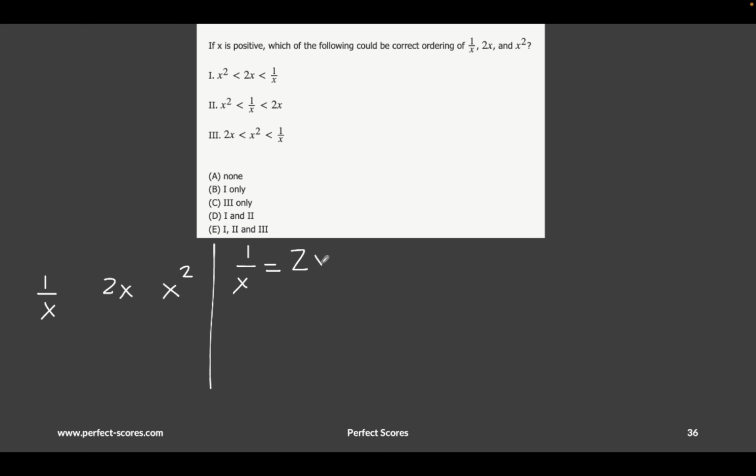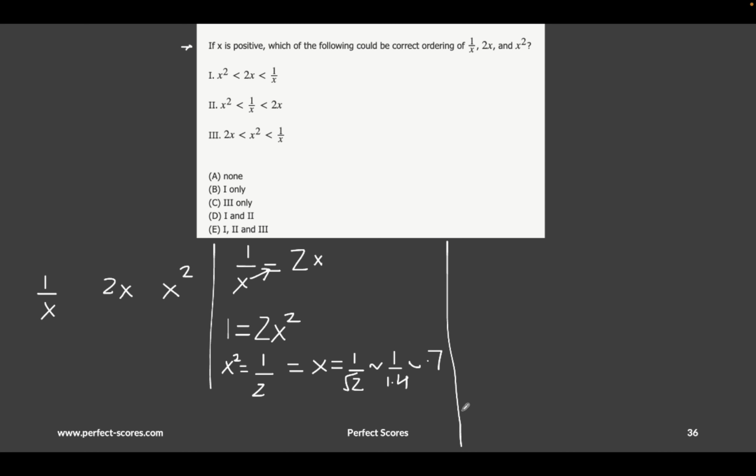Since x is positive, I can easily take this to that side, so 1 is equal to 2x squared, and that means x squared is equal to 1 by 2, so x is equal to 1 over square root of 2, which is approximately 1 over 1.4, which is approximately 0.7. So that's one critical point.